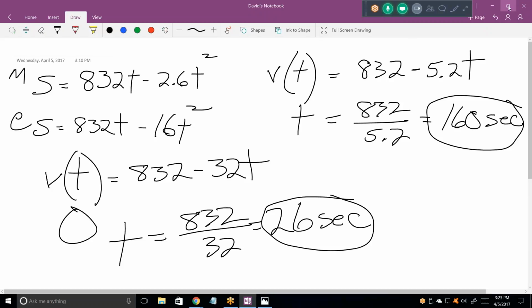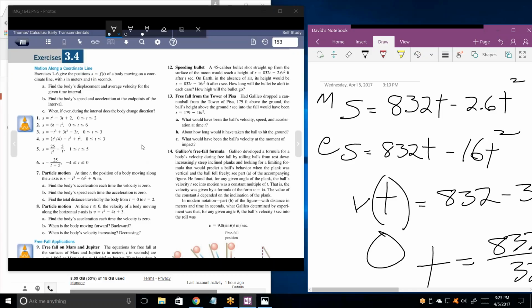Okay. All right. So it all has to do with gravity, and gravity is what determines both of these position functions. It's because of gravity. That 16 is not accidental. You will see that 16 a lot if you take any courses in physics.